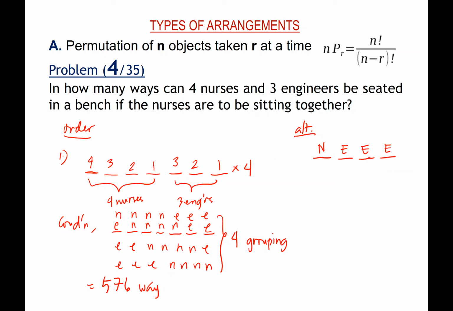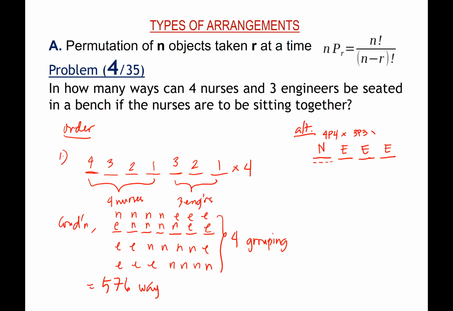Now this one is a group. There are actually 4, but I assume that this one is only 1. So here I have 4 nurses taken 4 at a time, then times 3 engineers taken 3 at a time.